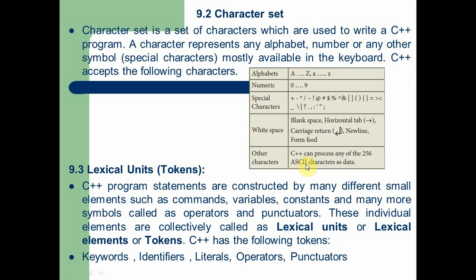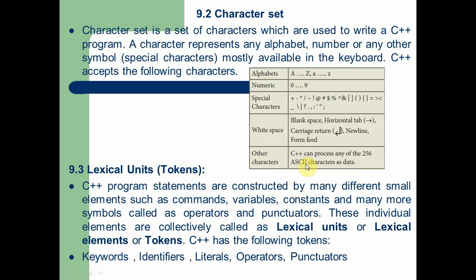Now next topic is lexical units, otherwise called tokens. What is a lexical unit? C++ program statements are constructed by many different small elements such as commands, variables, constants, and many more symbols called operators and punctuators.